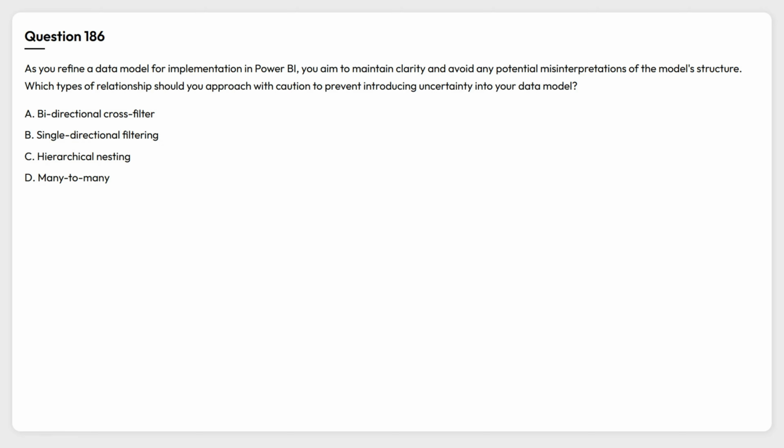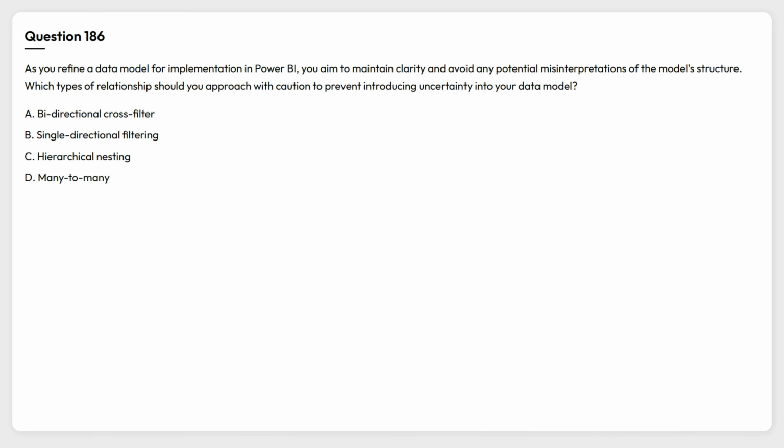Question number 186. As you refine a data model for implementation in Power BI, you aim to maintain clarity and avoid any potential misinterpretation of the model structure. Which types of relationships should you approach with caution to prevent introducing uncertainty into your data model?